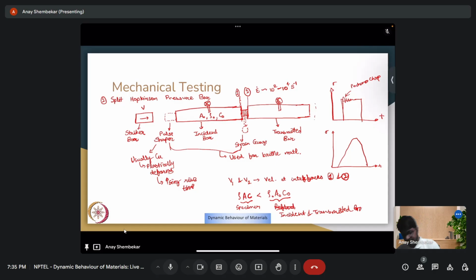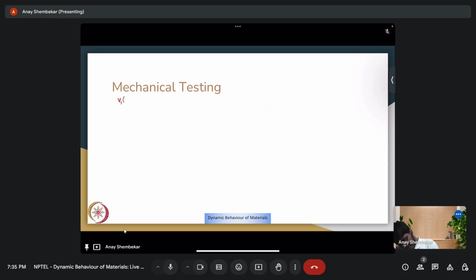Right. So if V1 of t is greater than V2 of t, which means interface 1 moves faster than the second interface, then for a specimen of length L, the size decreases with time, and the specimen will undergo plastic deformation.